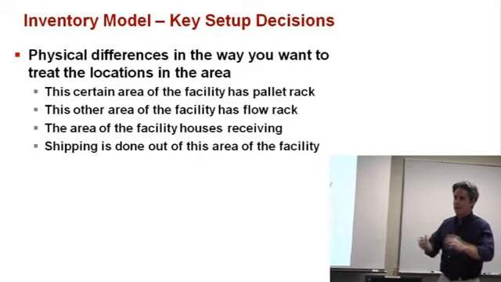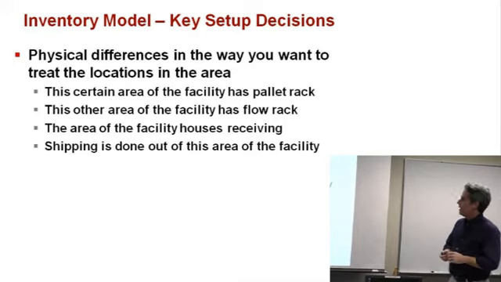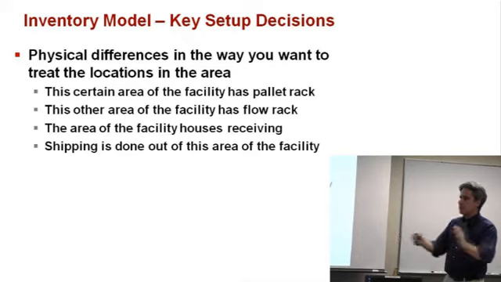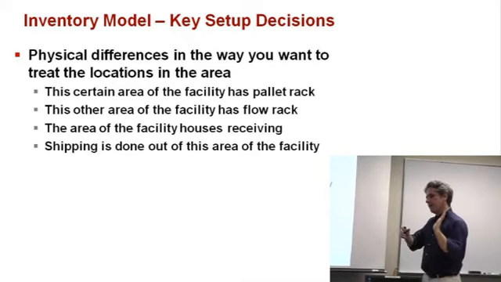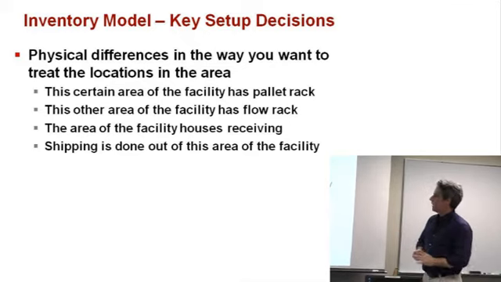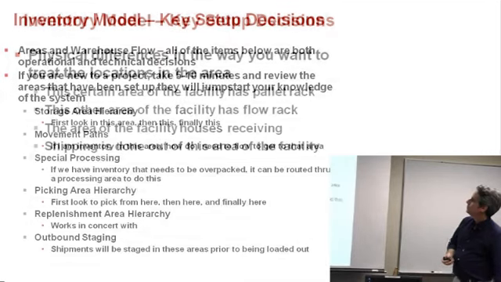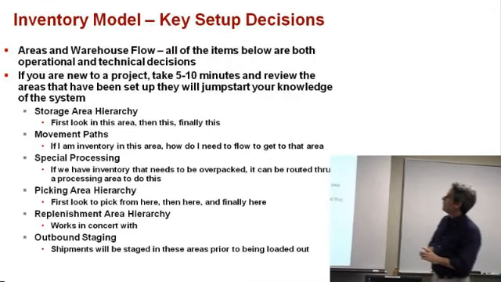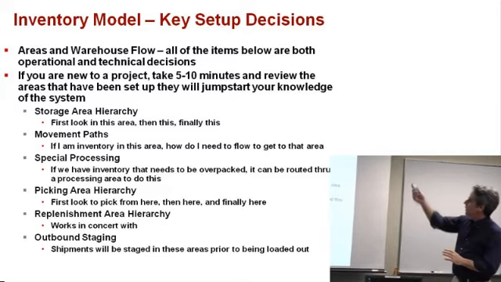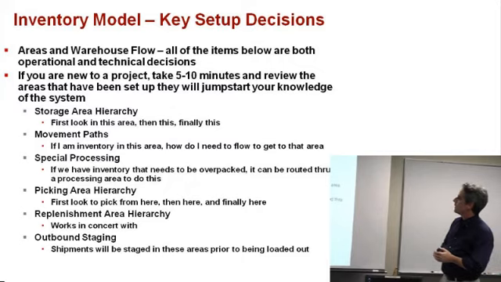A certain area has pallet rack. This certain area is shelving. This one has flow rack. This area houses receiving. So we have physical reasons and we have logical reasons for having different areas. As I said here, I take 5-10 minutes if I'm new on a project just to get in there and see what's going on with the areas.